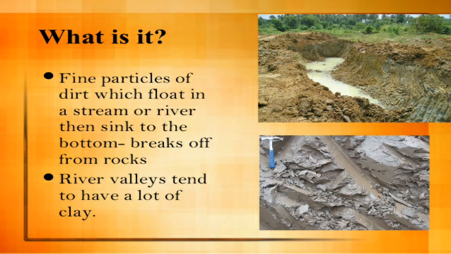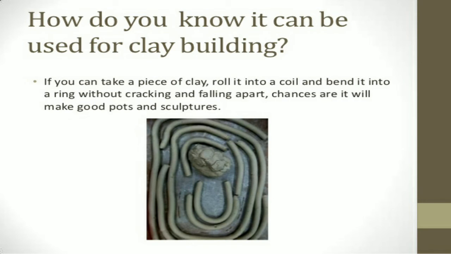River valleys tend to have a lot of clay, with particles of dirt which float in the stream or river, then sink to the bottom or break off from rocks. So how do you know it can be used for clay building?